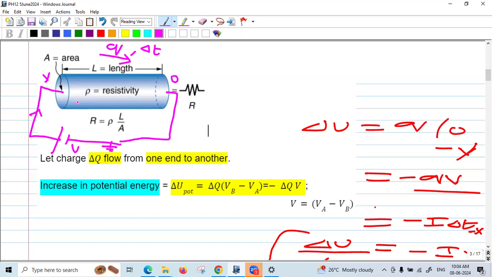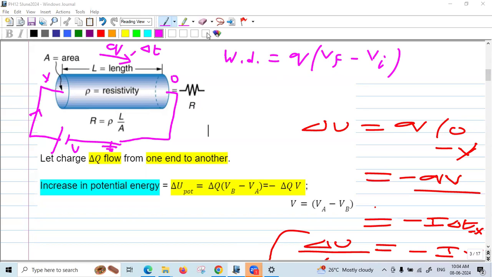Okay. So the work done to move a charge between 2 points is the charge value into the final potential minus the initial potential. So this formula you can understand.